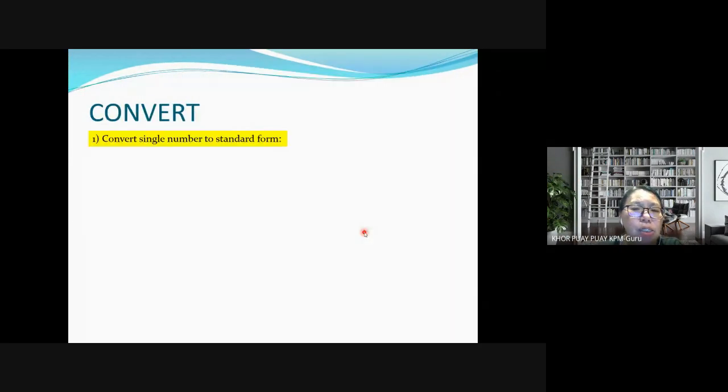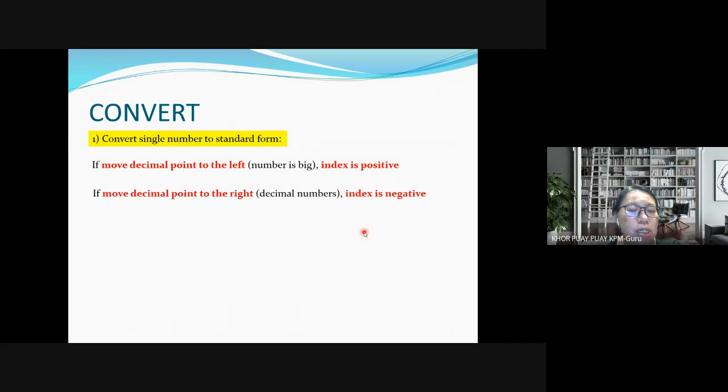Right? Okay, next one. Questions might ask you to convert, change or express a number into standard form. So let's say they give you a number, for example 39888. I want to convert this number to standard form.